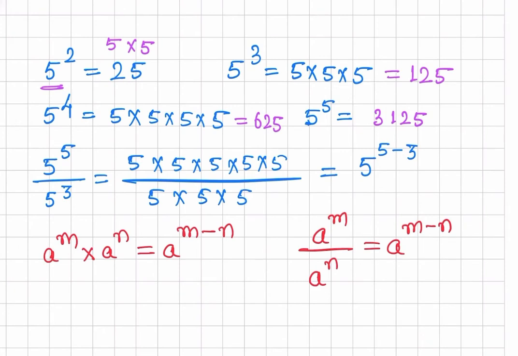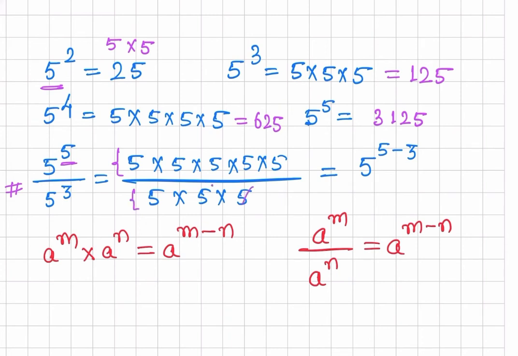Let's see 5 raised to 5 divided by 5 raised to 3. Let's assume you don't know this. So how will you solve that? You will just write 5 five times, because the power is 5, divided by 5 raised to 3, so you are writing 5 three times.